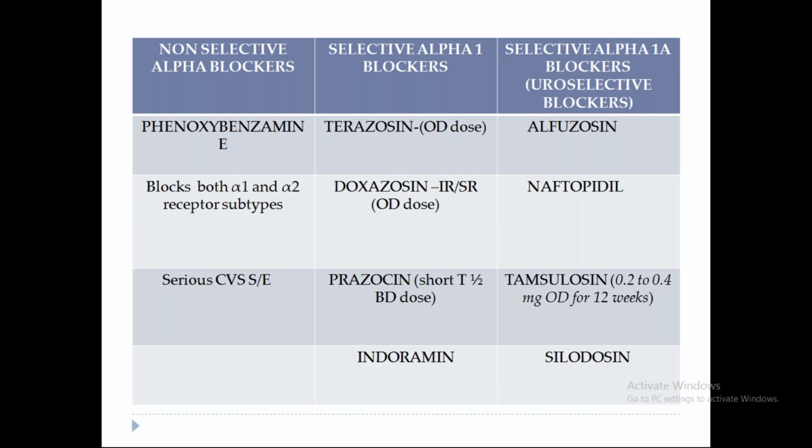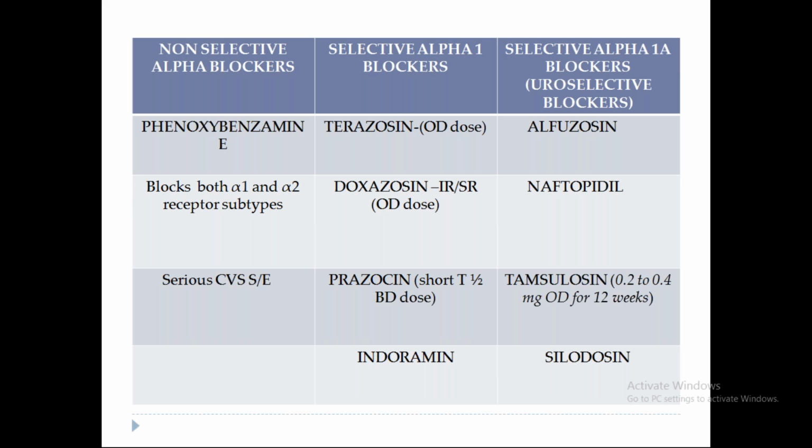Non-selective alpha blockers, such as phenoxybenzamine, block both alpha 1 and alpha 2 receptor subtypes. There will be serious side effects. Selective alpha 1 blockers are terazosin, usually given as an OD dose; doxazosin, immediate release or sustained release, also OD dose; prazosin, which has a short half-life, hence BD dose; and indoramin.